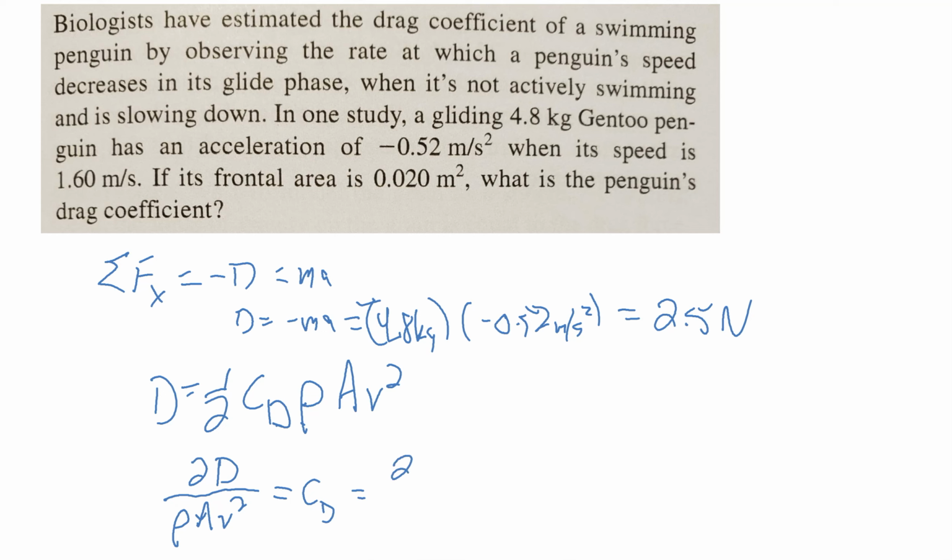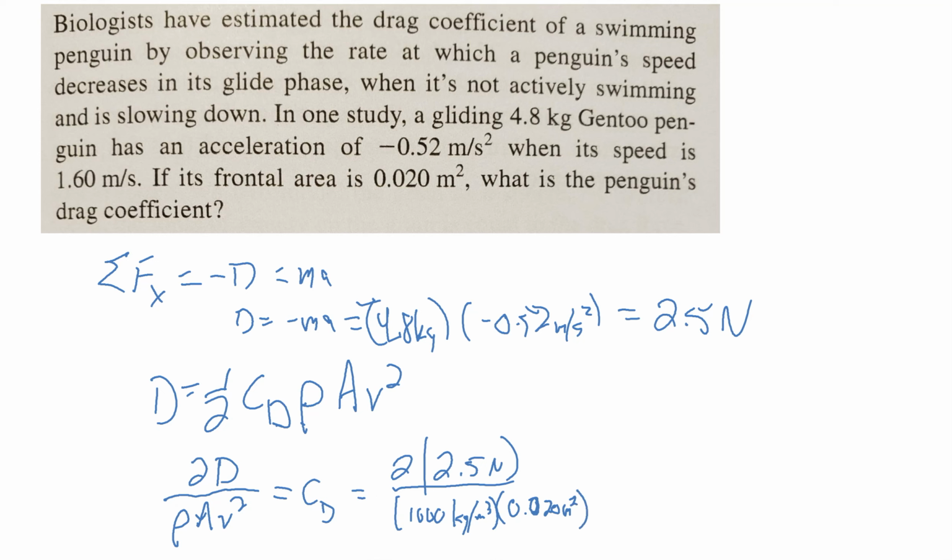So I have 2 times the 2.5, but I'm going to use my calculator's answer, 2.5 newtons, divided by the rho. What is the rho? 1,000 kilograms per meter cubed. Times the A. What is the A? 0.020 meters squared.